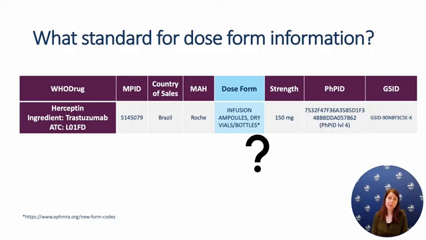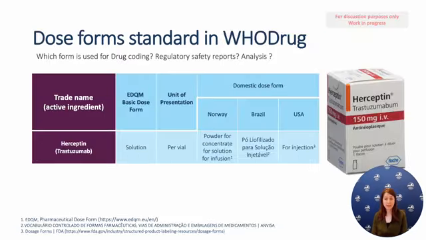Currently, we use the new form codes ePharma standard. These are important questions that must be discussed with the users, and we hope you will reach out to us with any feedback. Our hypothesis for the prototype is that ePharma will be replaced with IDMP basic dose form and unit of presentation.